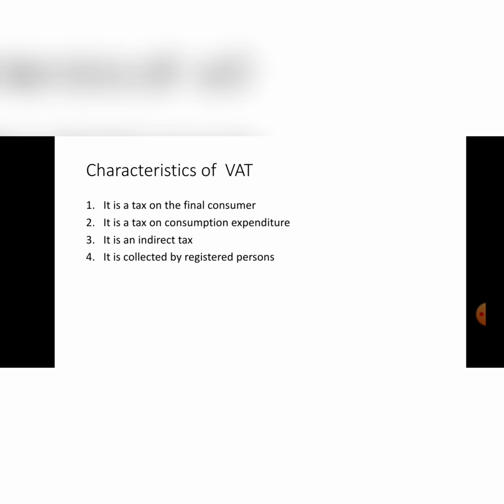This means that it is not levied on personal income, but it is paid when you purchase goods and services. It is collected by registered persons. So VAT is not collected by just anybody. We have registered persons who collect VAT on behalf of the government.